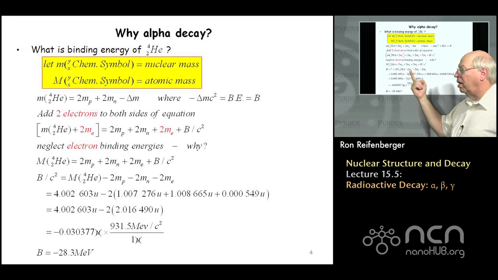You can also look up the mass of the proton, the mass of the neutron, and the mass of the electron. I list those numbers here. Those also have been provided in a previous lecture.